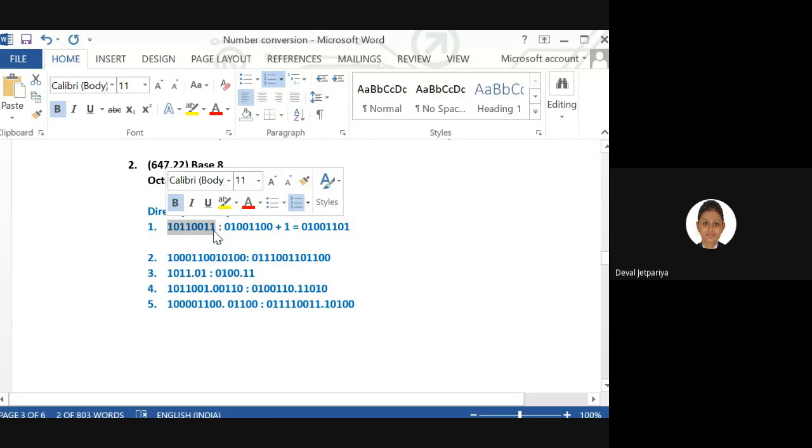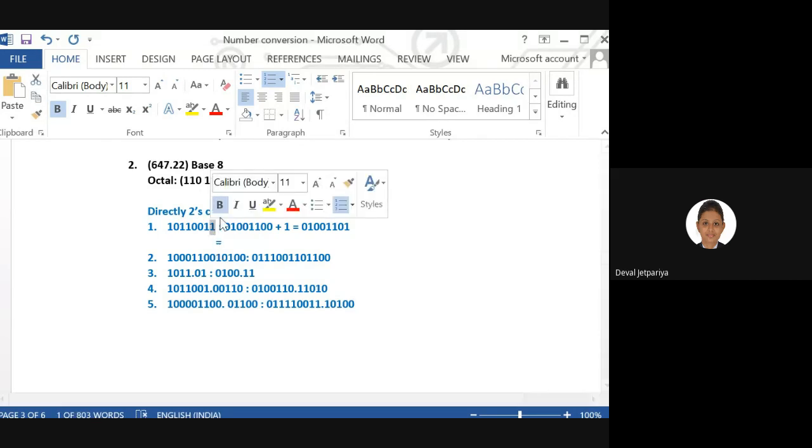To find out direct two's complement, you need to start from this ending location. You need to keep looking until you get a one in the picture.